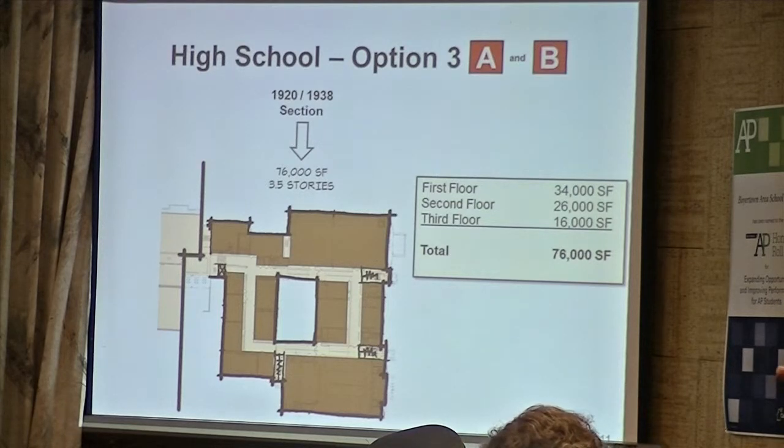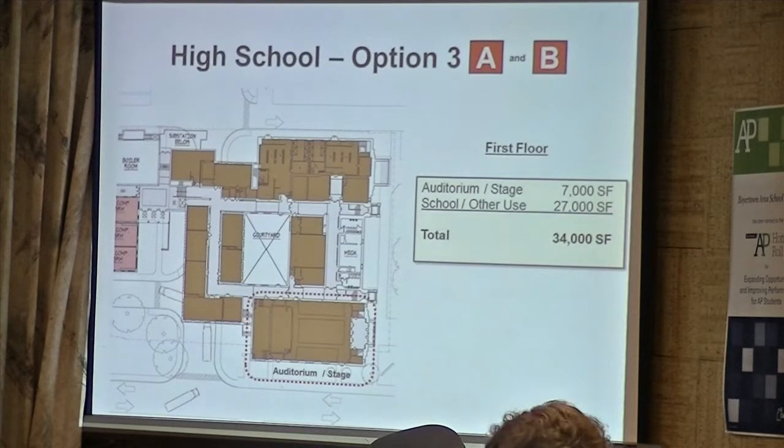Now a big portion of this building is the auditorium and the gymnasium that's in this building. But you can see here the difference in the size of the building compared to the building that we're in right now. Actually, we're calling it out at 3.5 stories, because there is actually a story that goes partway to another level.